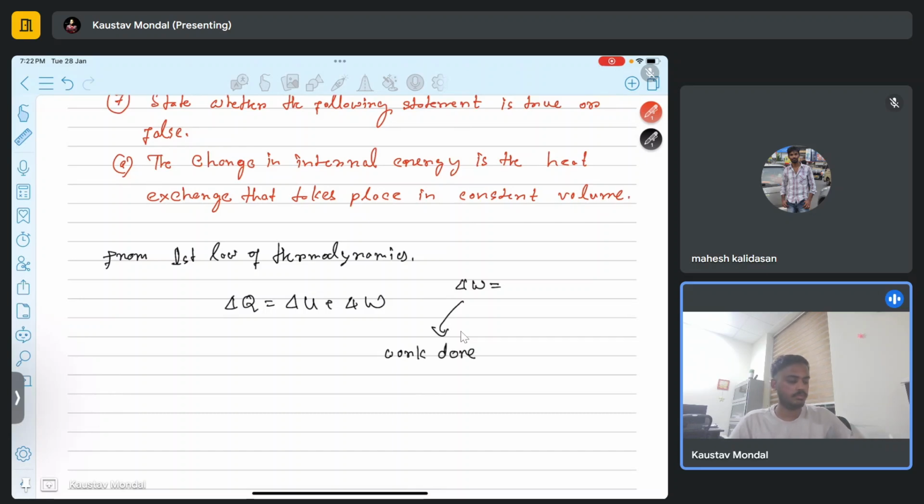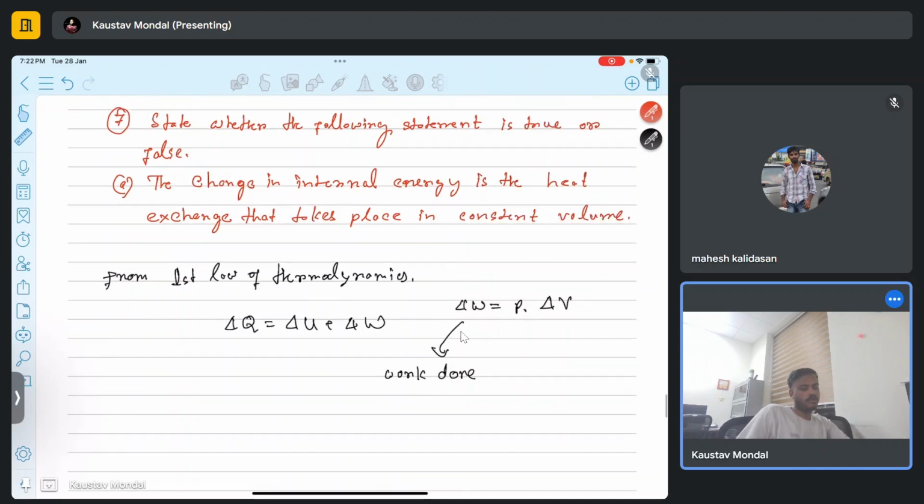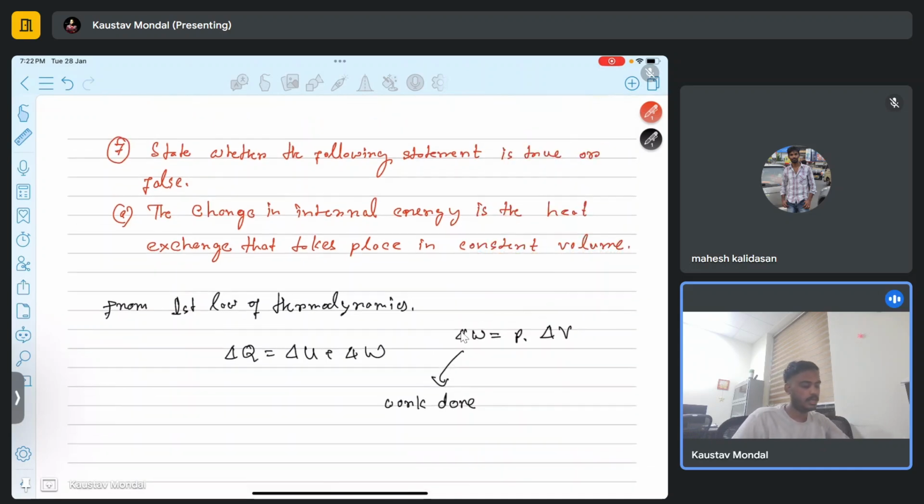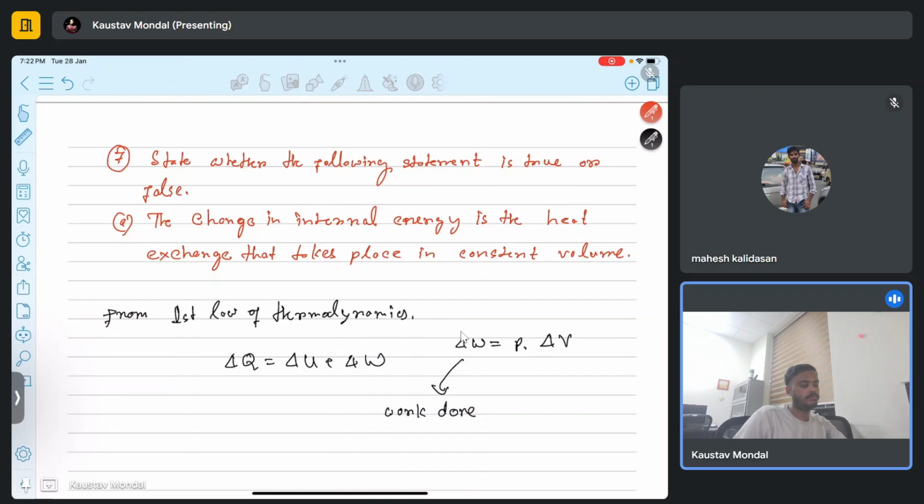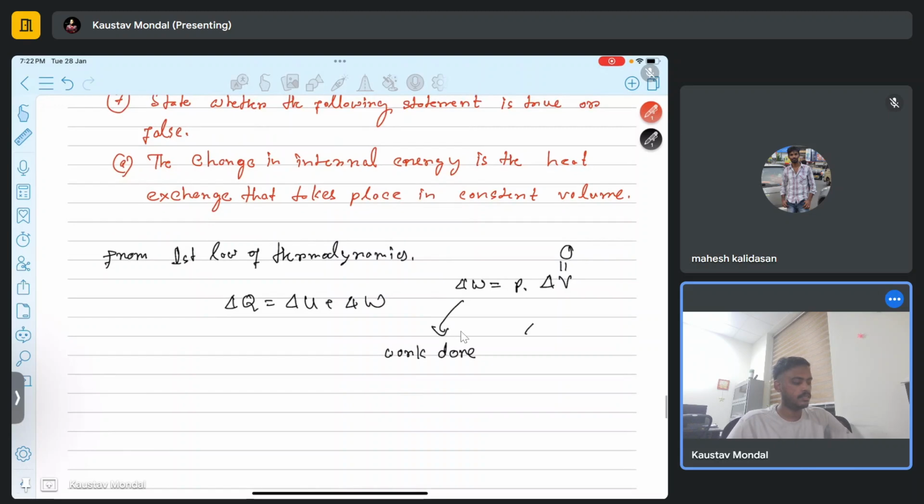So work done will be P into delta V. Now it's mentioned that this whole process is happening at constant volume. So that means dV will remain 0, so delta W will remain 0.